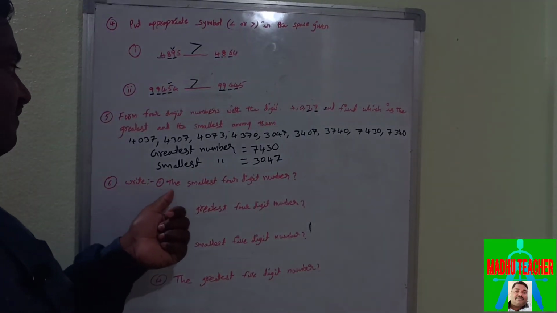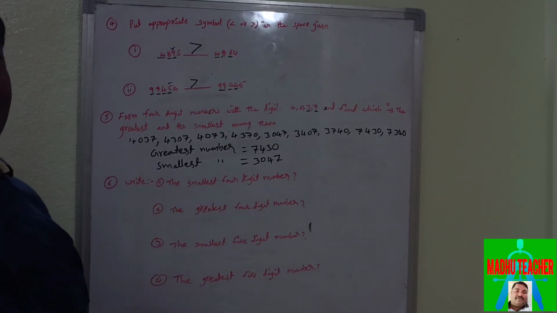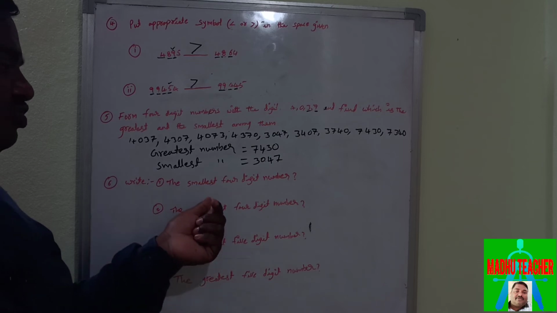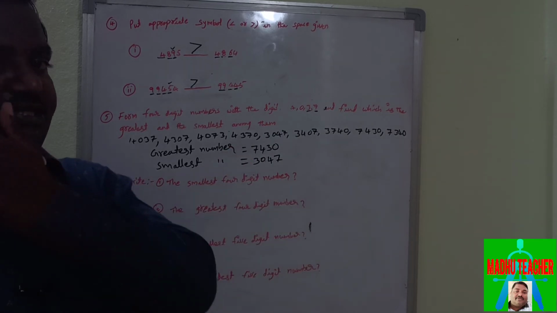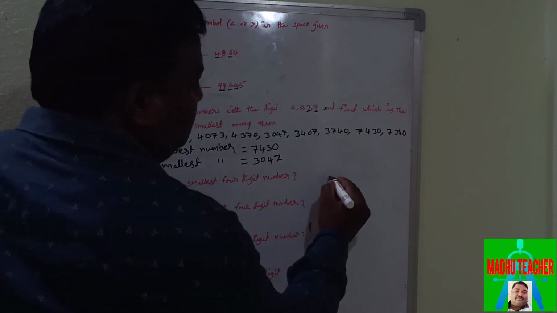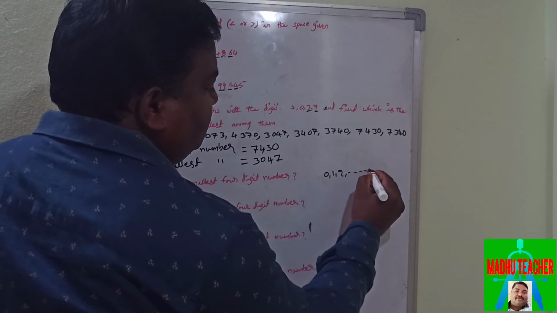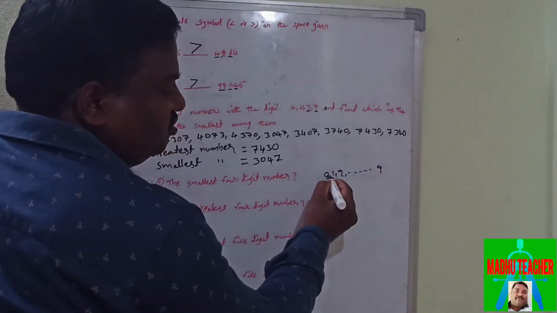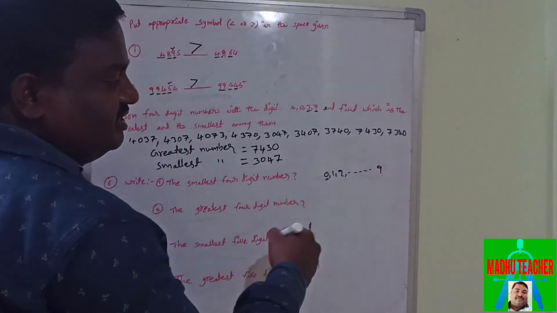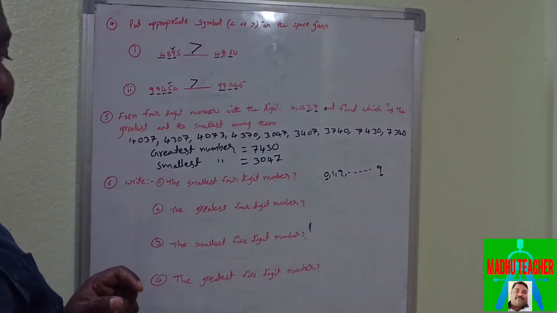Next question. Write the smallest 4-digit number. To write the smallest 4-digit number, we should use all smaller digits. What are the smaller digits? So we have the digits 0, 1, 2, 3, up to 9. So 0 is the smallest digit and 9 is the greatest digit.